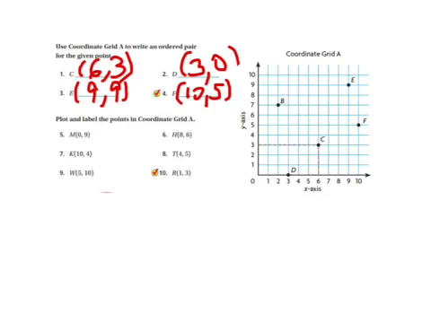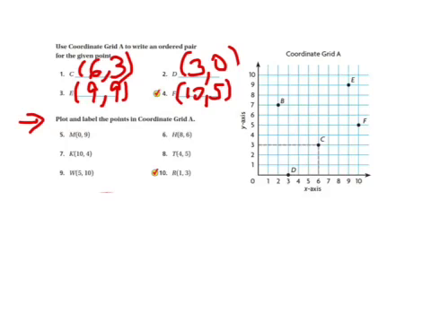So now we're going to plot and label some points. That means we're just going to put a dot where these points are, and then we're going to put the letter next to it so each one has a name like these do. Number 5 says M is 0, 9.